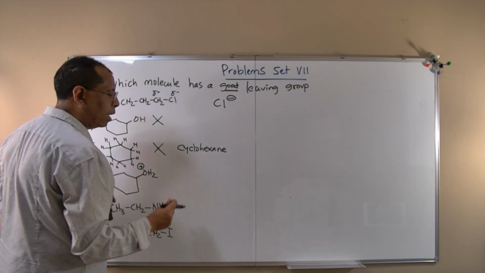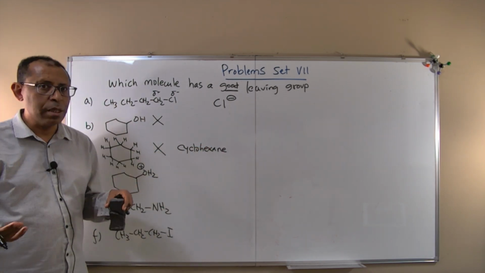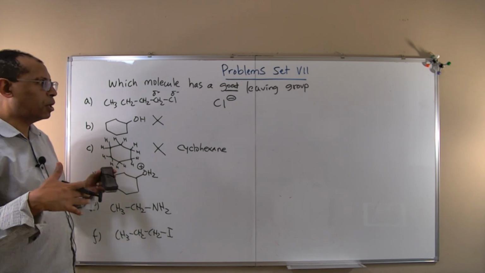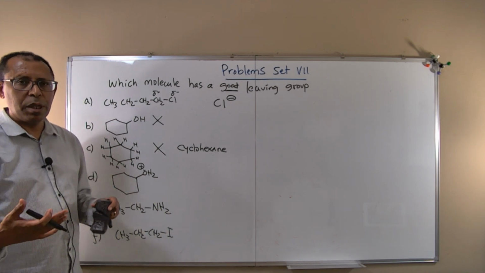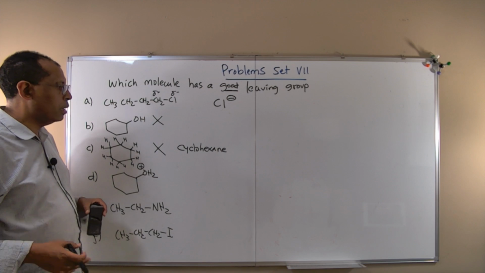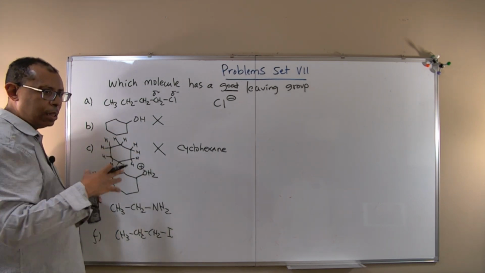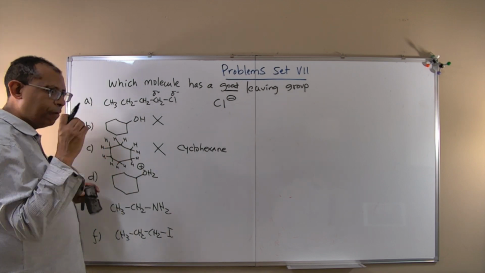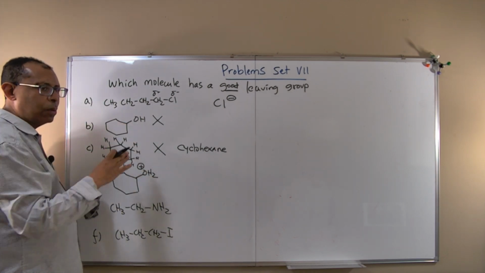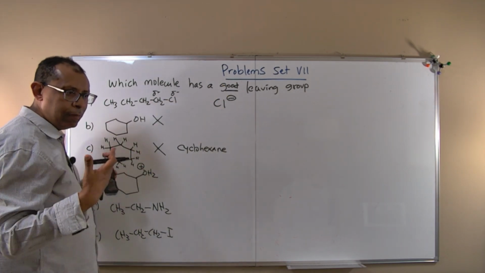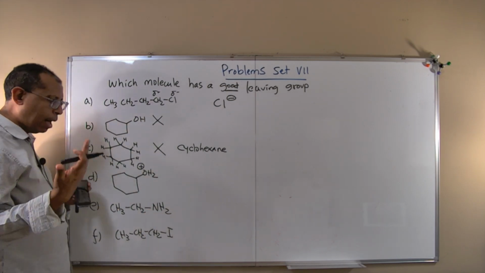So this molecule is called cyclohexane. It is an alkane. If you remember, alkanes are not very reactive. They have to be converted into something reactive like an alkyl halide before they start to react. Here, OH is a very strong base and a very strong nucleophile, so it cannot act as a leaving group. That's the opposite.